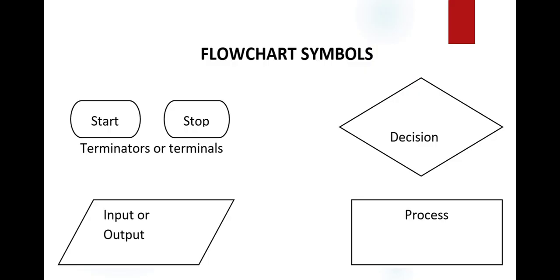We have the start symbol. The start and the stop symbol are sort of oval shaped, and they will normally include the words start and stop at the beginning and the end, respectively, of our flowchart. They are called terminators.